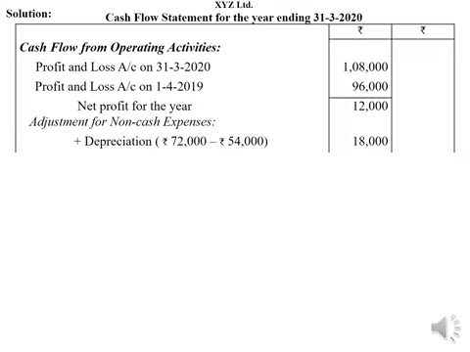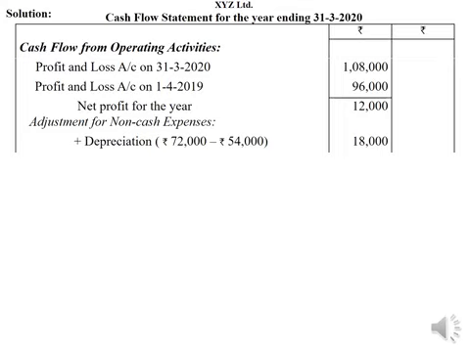So depreciation: 54,000 and 72,000 are given in the problem. You can also prepare an account for this, but as there are no adjustments relating to depreciation or fixed assets, we are directly taking the difference as depreciation provided during the year. 72,000 minus 54,000 leads to 18,000.